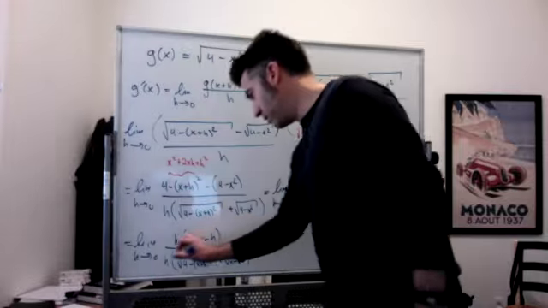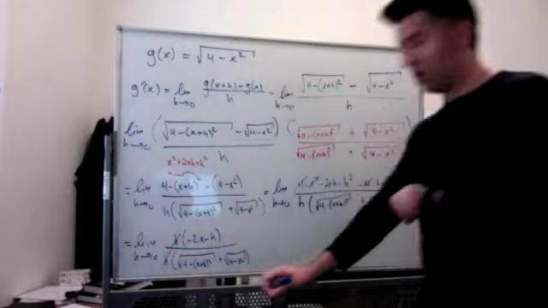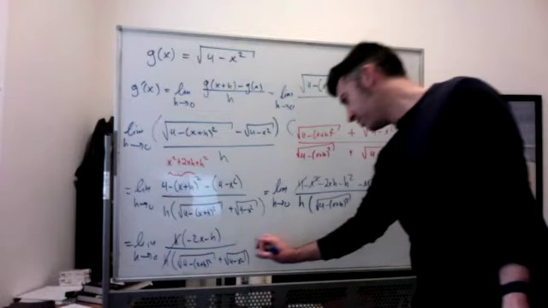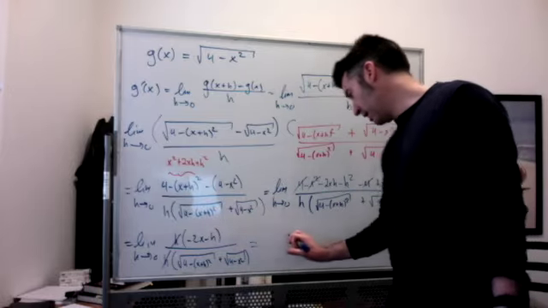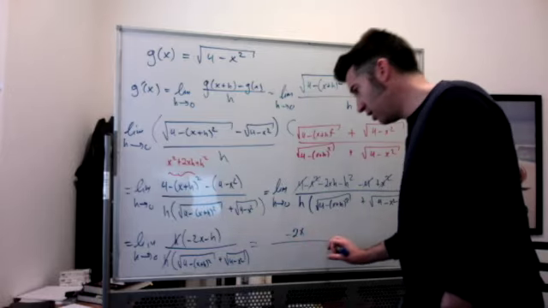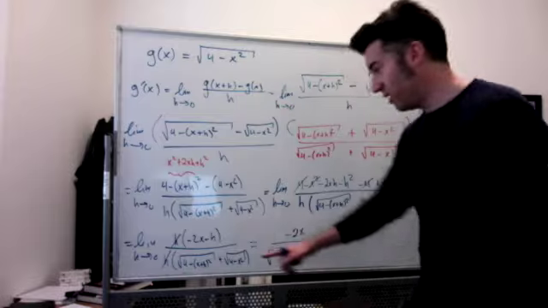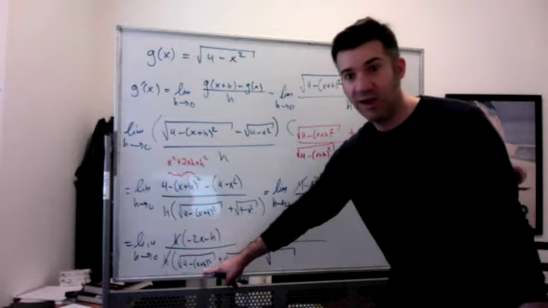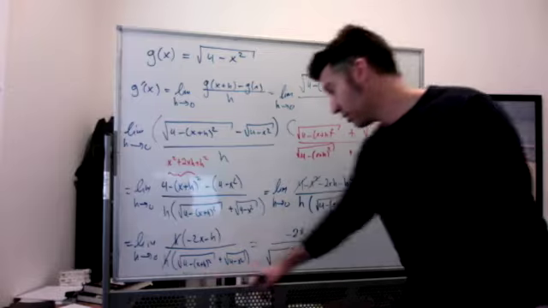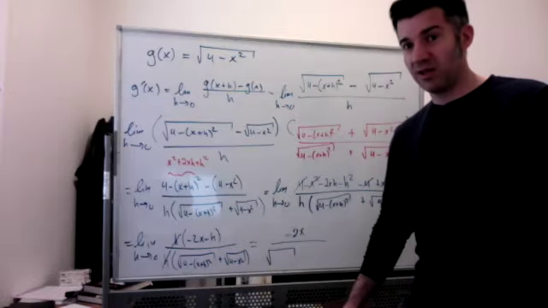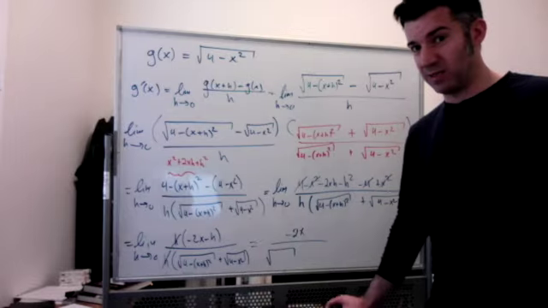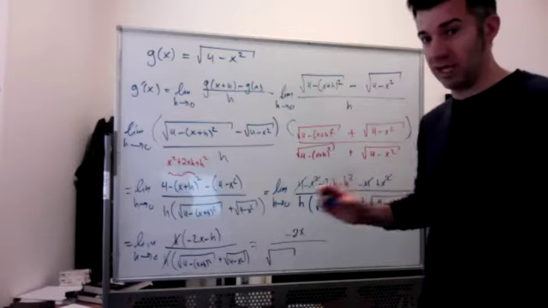And then this h cancels with that h. The rest of the h's go to 0. So we get negative 2x on top. We get the square root. By the way, this is why I didn't multiply that x plus h squared down there, because I knew that h was going to go to 0. So typically, especially in the denominator, we don't usually multiply things with h because we're pretty sure usually the rest of the h's go to 0.